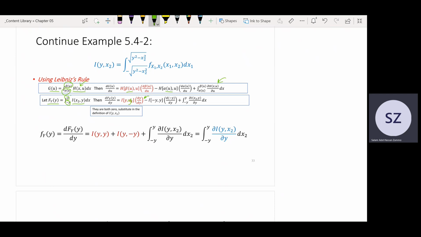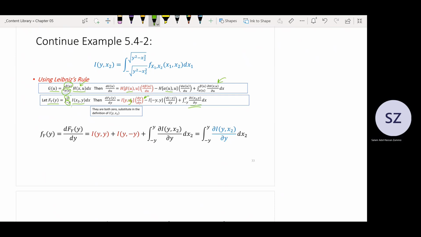Minus this function evaluated at the second limit, which is minus y. So it's I of minus y, multiplied by the derivative of the second limit with respect to y, which is d of minus y, which is minus 1. Then plus the integral of the derivative of this function with respect to y, integrated in the same limits, minus y to y.